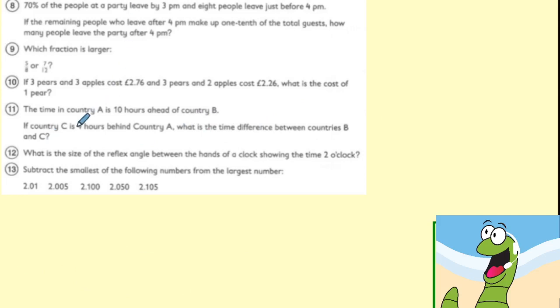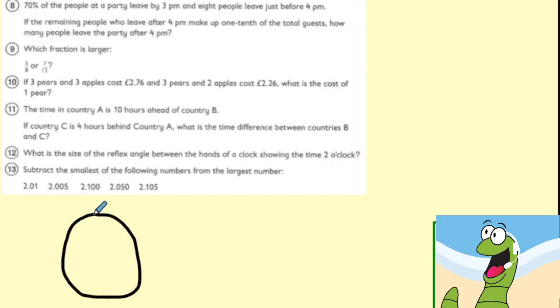Question 12. What is the size of the reflex angle between the hands of a clock showing the time 12 up to o'clock? You need to know what a reflex angle is, and it's greater than 180 degrees, and it's showing the time at 2 o'clock. There are 360 degrees in a clock, because it's a circle.